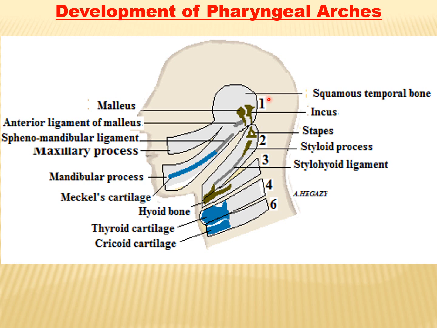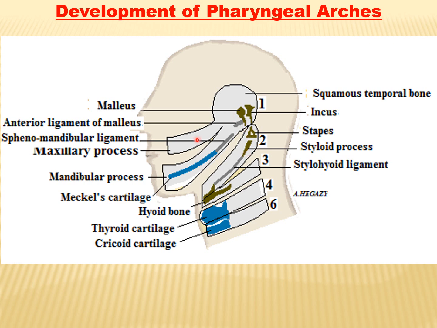As we know, the ossicles of the middle ear are three bones: malleus, incus, stapes. The first letters of these words, M-I-S, miss. The first two bones arise from the first arch, while the third bone arises from the second arch.